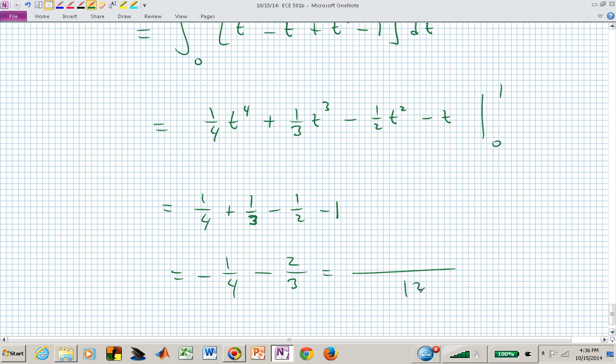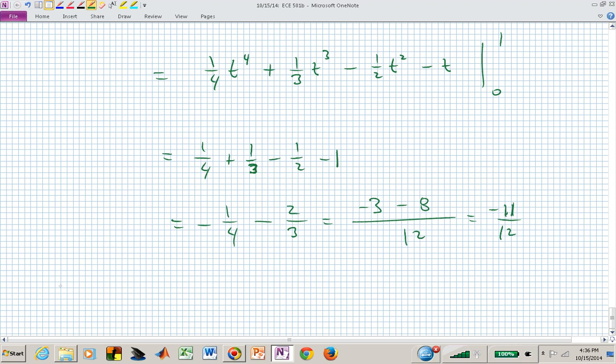I can get a common denominator, and now I have minus 3, and 2/3 of 12 is 8. So that particular inner product produces, for that same pair of vectors in the same order, minus 11/12.